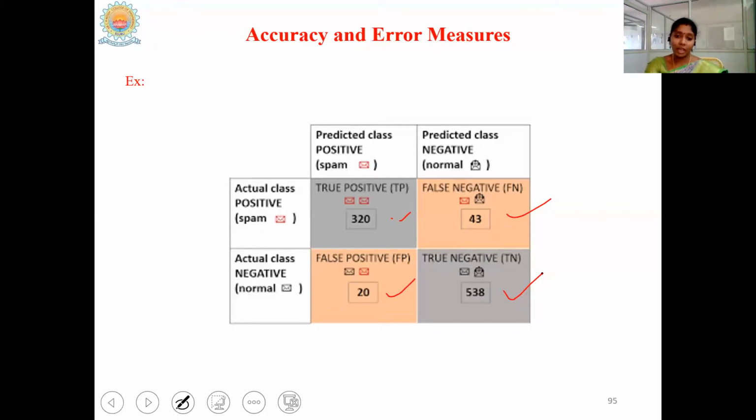I think you can see this slide. 918, right?